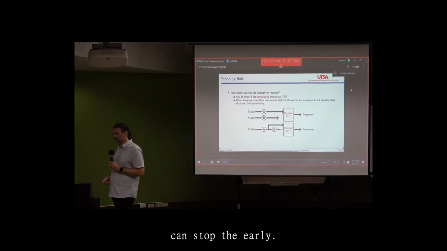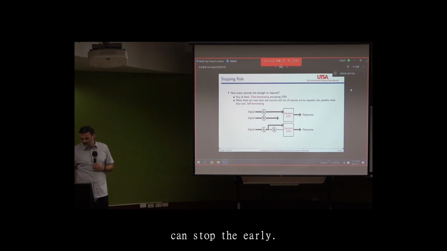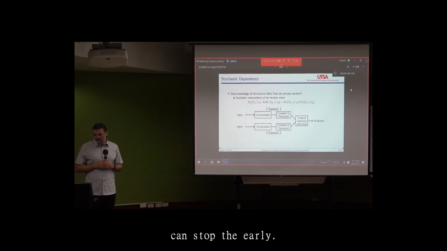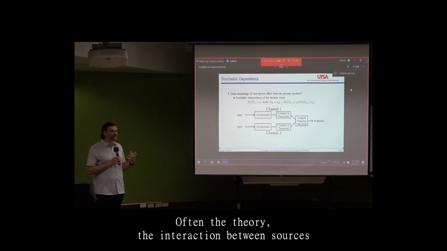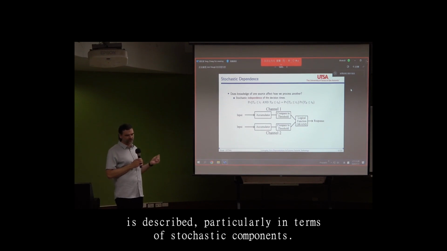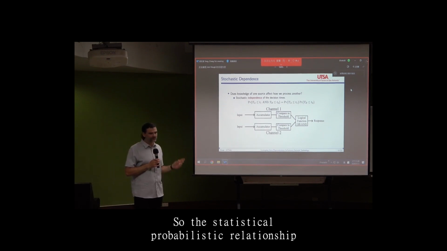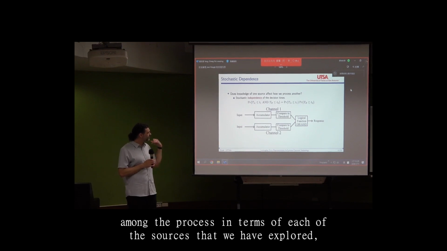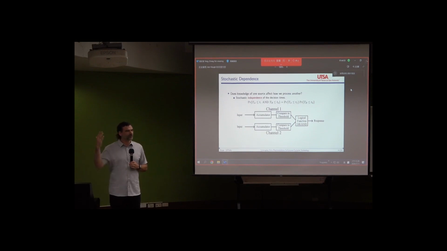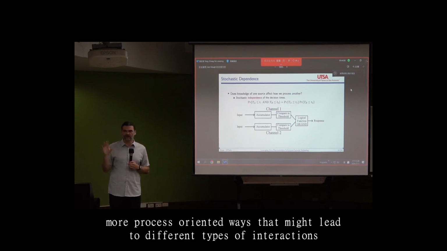This is not necessarily the exhaustion. Often in the theory, the interaction between sources is described particularly in terms of stochastic dependence. So the statistical, the probabilistic relationship among the processing times of each of the sources. And we've explored more process-oriented ways that might lead to different types of interactions here in the work.